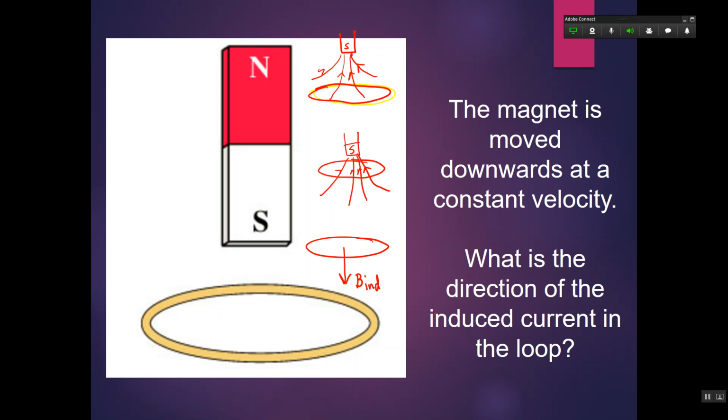So the thumb in the direction of the current and your fingers are going to wrap around in the direction of the magnetic field. And for a loop, remember we had a drawing of a loop like this, and we tried to say that it resembled a bar magnet. So all of the magnetic field lines are going like that. And if all the magnetic field lines are going like that, then that means that there's a current in this direction.